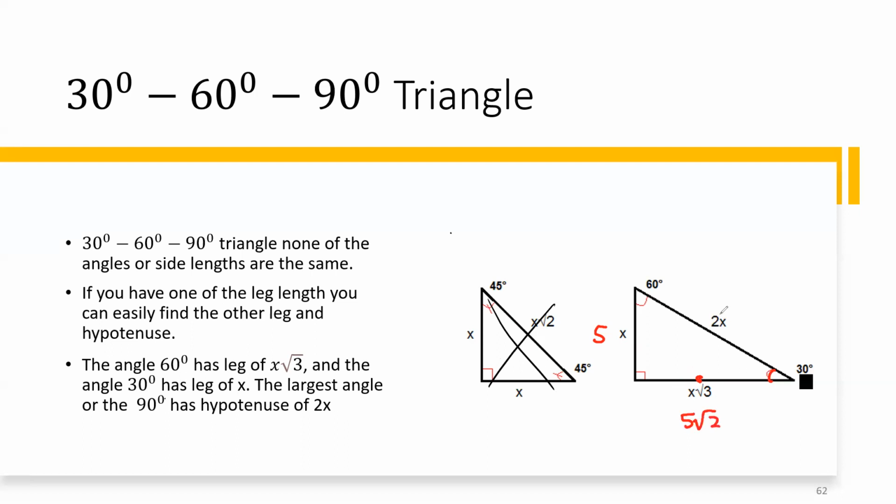And then the hypotenuse is just 2 times x, so 2 times the smallest leg, which is 5, which is 10, right? So you could easily find anything if you have at least one side length. You'll be fine. In this case, we have to remember that the second largest angle, the 60, has a side length of x radical 3, the smaller angle has a side length of x, and the hypotenuse is 2 times x.